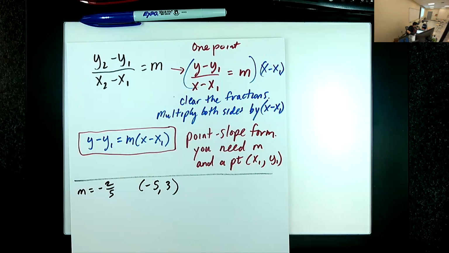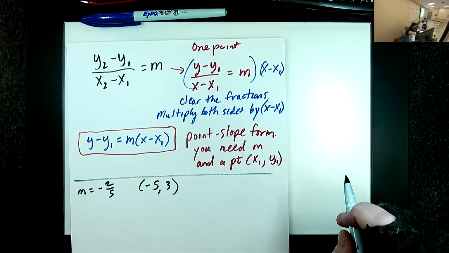That's not what we did. This is not the one we just did, is it? The one we just did, the point was negative 5, 3. You're right. Okay, I put it on the wrong stack then. There we go. Good, excellent.